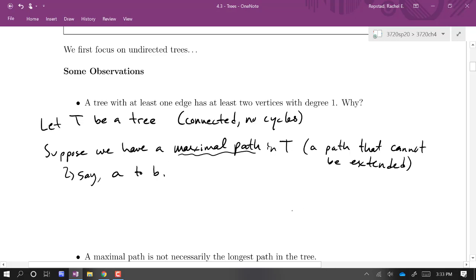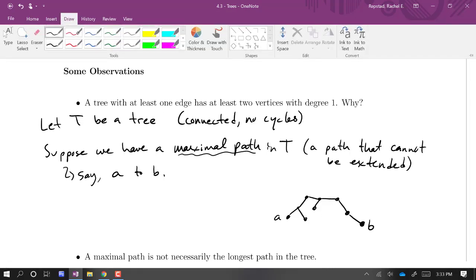So what a path like that might look like. Here's vertex A. Here's a tree. It's connected. It's got no loops. I'm just sort of making this up, but maybe there's vertex A on the left and vertex B here.